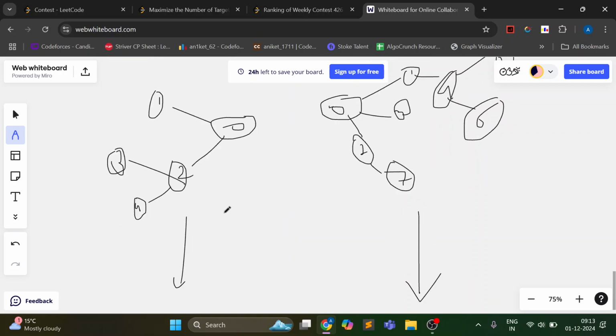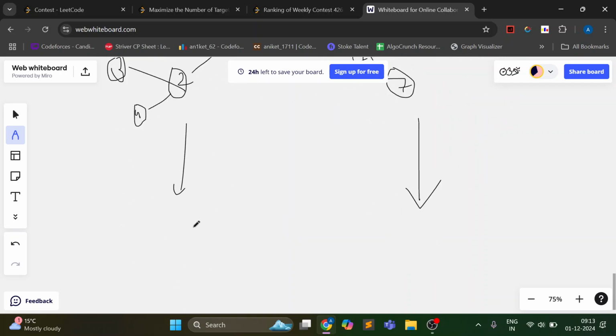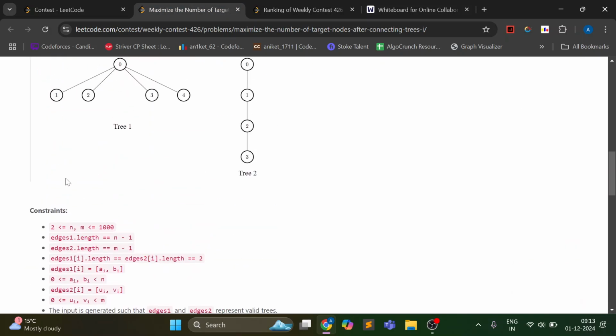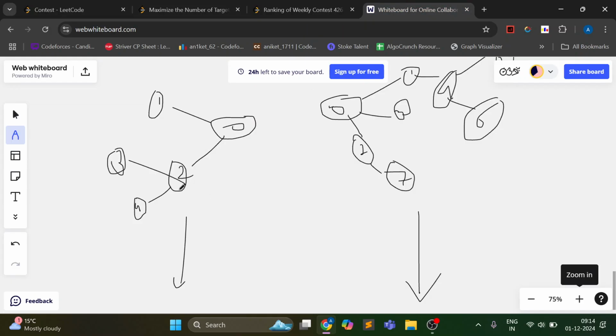So for each node, we can find the contribution of the first tree. For 2 also, if you see the constraints, n is less than or equal to 1000. So for each node, we can find the number of nodes which have level less than or equal to k if we start from that node as root.